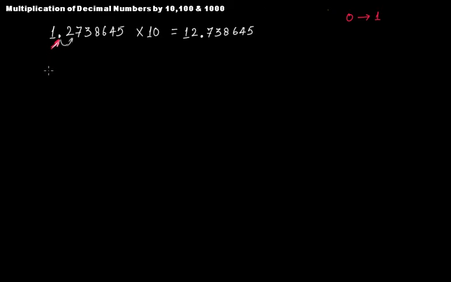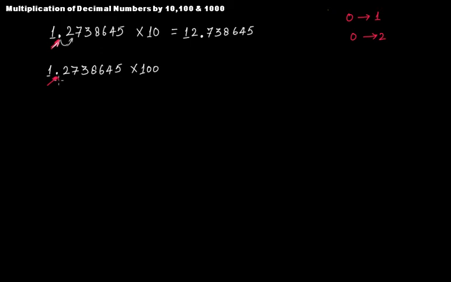Same number again, 1.2738645, is being multiplied with 100. How many zeros do we have in 100? We have 2 zeros. Your decimal point is here. It means that this decimal point will jump or move towards the right 2 times.